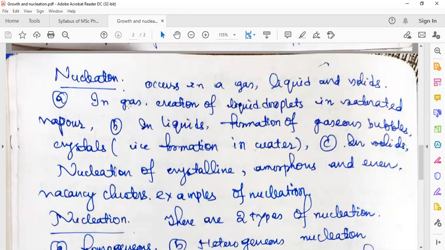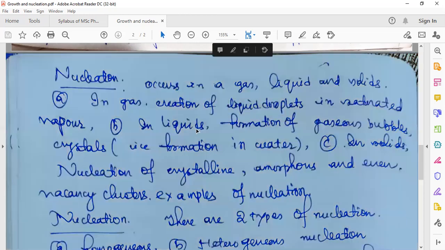During winter time, we have seen liquid droplets all over, on your windows, on the grass, so the grass is wet. So what happens? That happens from the saturated vapor. When the vapor present in the atmosphere gets saturated, it forms liquid droplets. So this is a vapor to liquid droplet transformation.